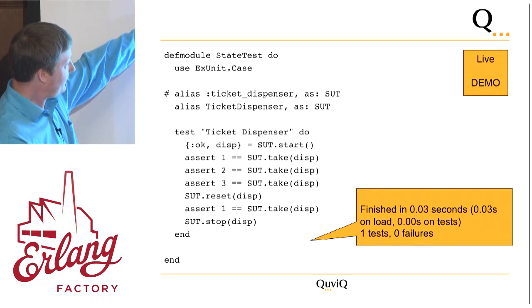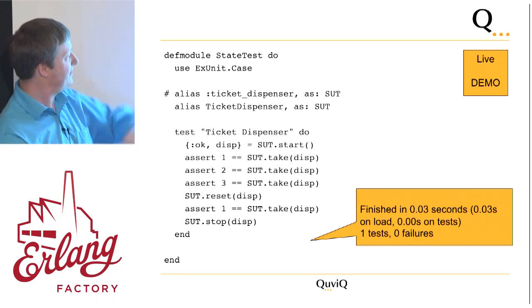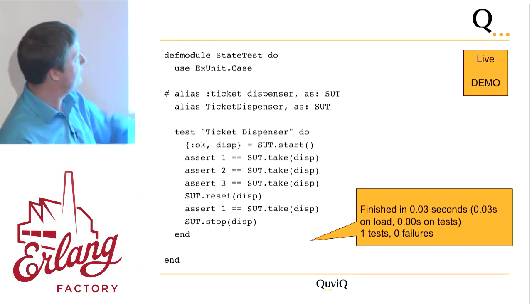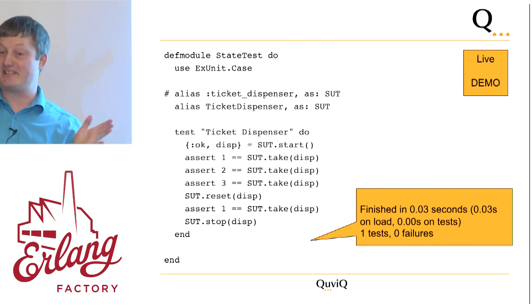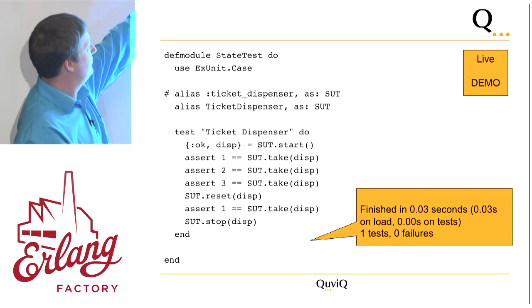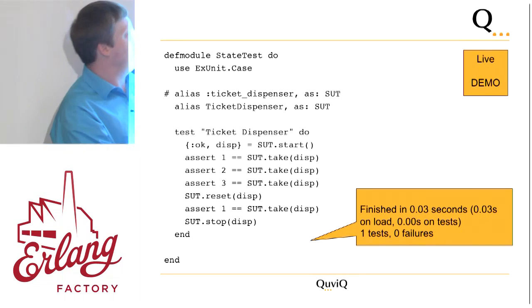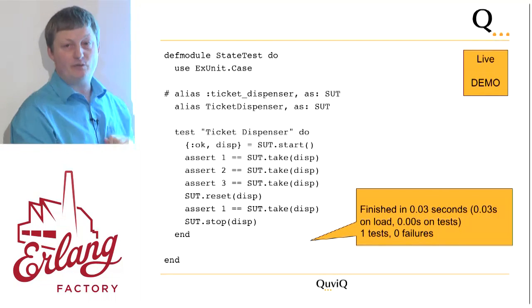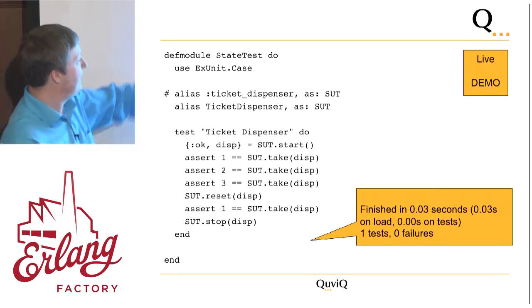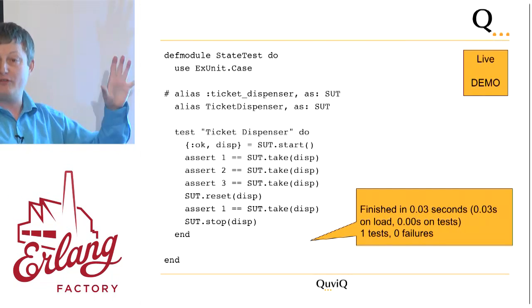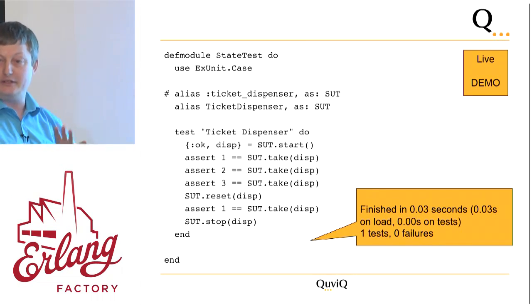You have your test ticket dispenser, you start your ticket dispenser, and I write sut here because, and this is nice in Elixir, you have aliasing. So you can say, well, I have this old Erlang version, which is called the ticket dispenser, and that's my sut. Or you say, no, let's do my new ticket dispenser, which is the super good Elixir one, and write sut there. So you can test both, and you can see that both are actually doing the right thing for this test case.